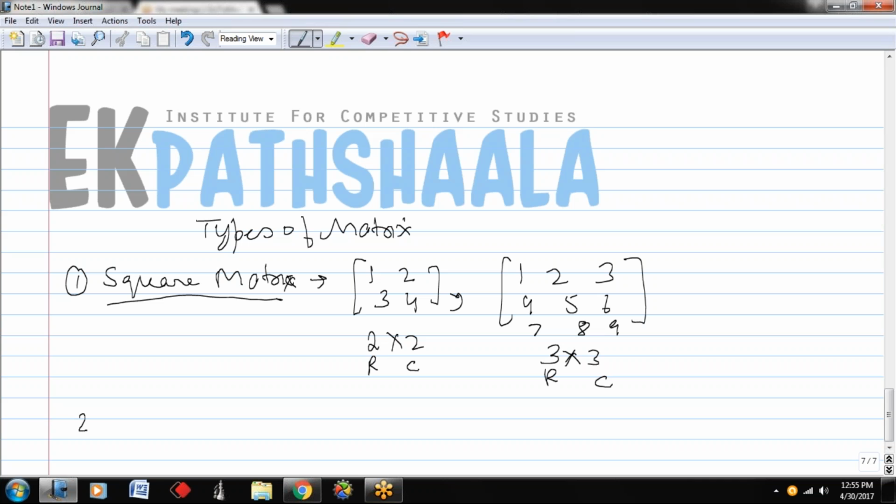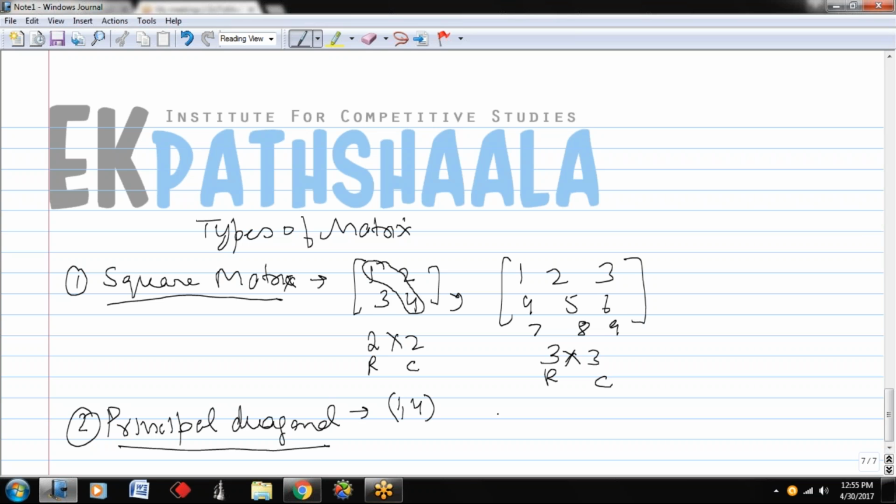Next, the second thing is the principal diagonal. What is the principal diagonal? In a square matrix, if I ask you to write down the diagonal elements, for the first one it will be 1, 4, and for the second one it will be 1, 5, 9.